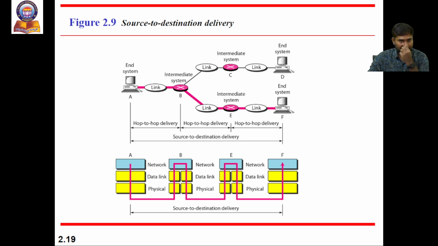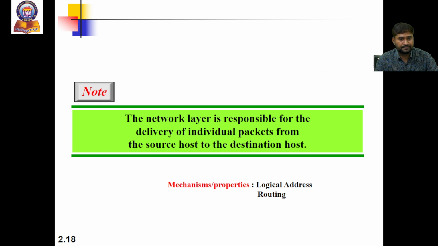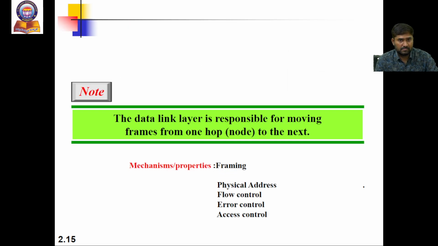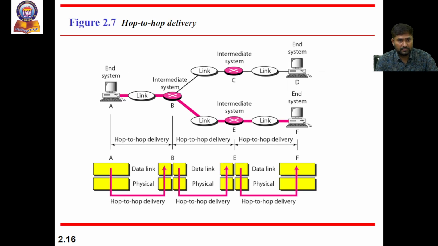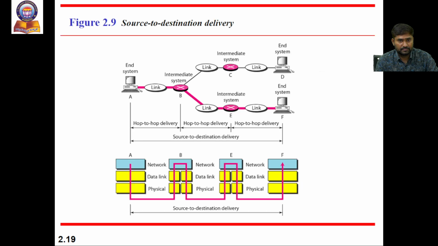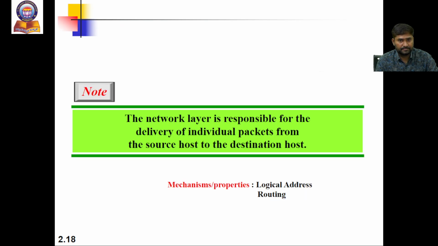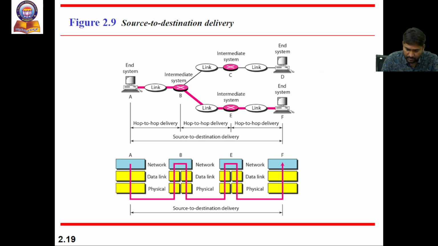See here, the network layer is responsible for the source host to the destination host only. It delivers the packet from the source host to the destination host. See here, this is a complete network.